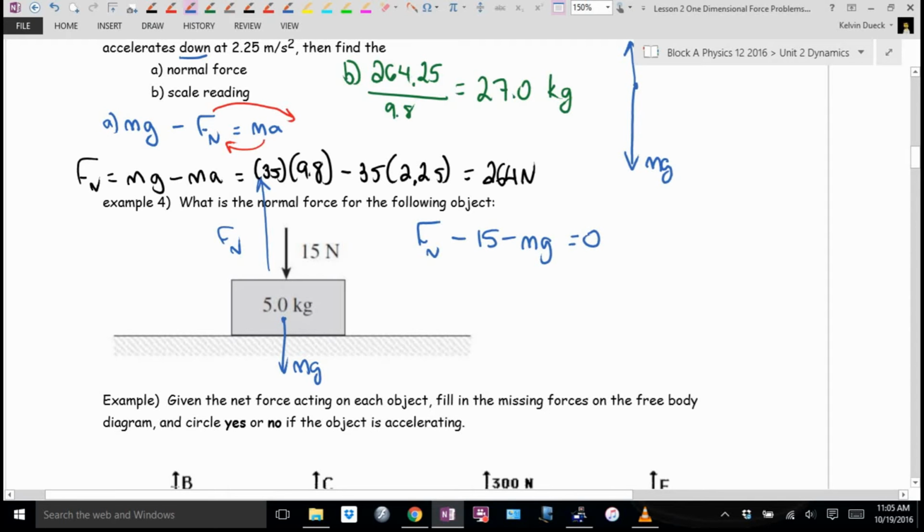Or because it's a tie, if you can see it in your head, Sinead, I'm perfectly fine if you just say, you know what, the normal force equals those two added together. Everything up equals everything down. In fact, that's probably what I would do.